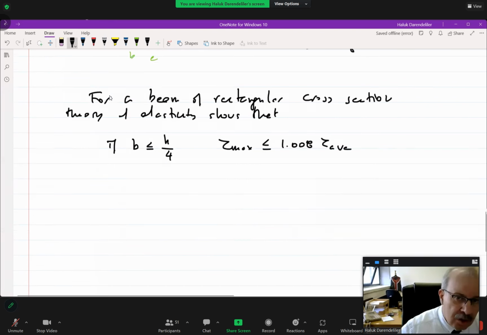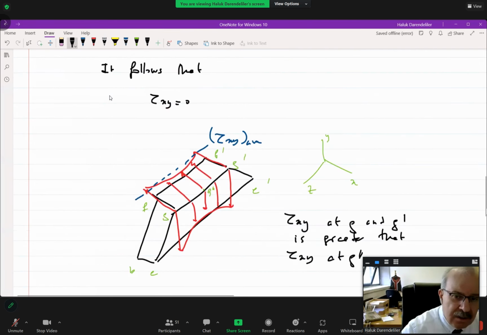Okay, so where is tau max? Look, this stress here is tau xy max, and this stress here, let me rewrite it, is the average value. So what we are calculating is an average value.